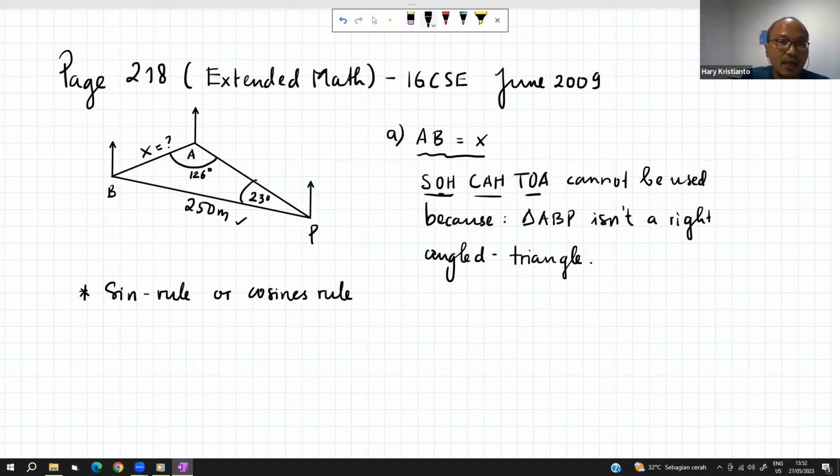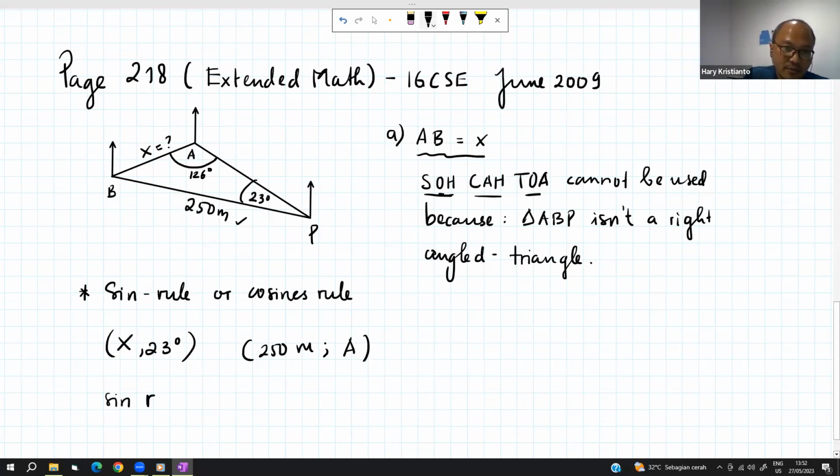The sine rule says the two opposite side and angle pairs will be equal to each other. So for instance, x and 23 degrees are in a pair, 250 meters and angle A are also in a pair, and then you can use the sine rule.